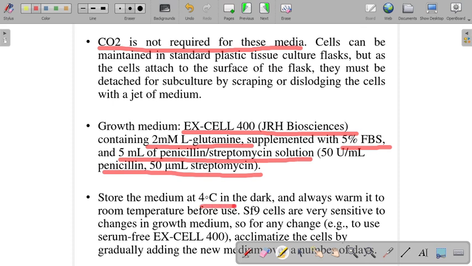The storage is at 4 degrees centigrade in the dark, and always warm it to room temperature before use.